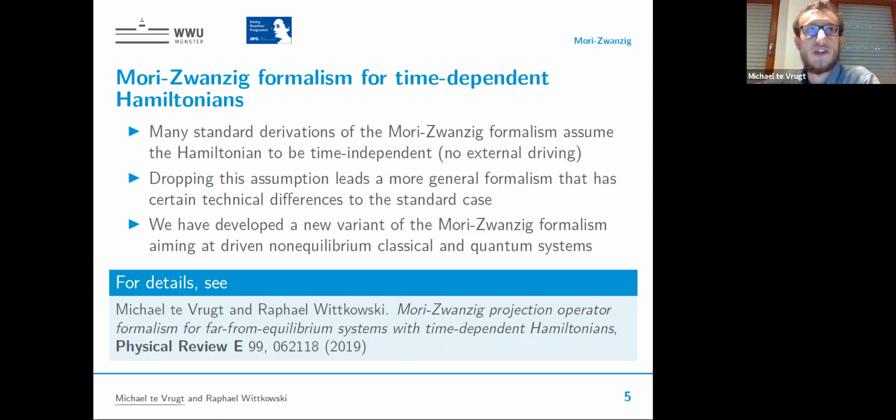And also some expressions for the diffusion tensor change a little bit. And this we've discussed in this PRE from 2019. We've considered the case of classical, but also quantum systems, in particular the case far from equilibrium, which is less explored in this regard than the close to equilibrium case.